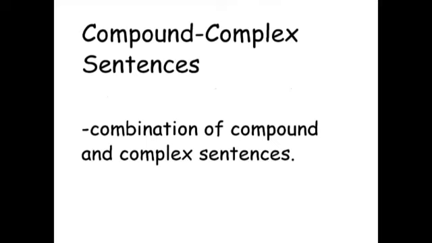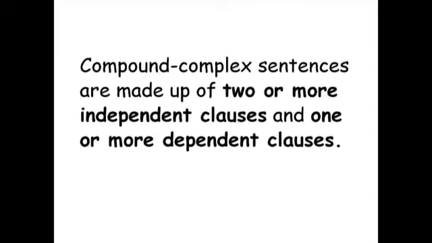Down to our last kind, the compound complex sentence. Now, you may have an idea what this does because of its name. So, it is a combination of compound and complex sentences. How? Compound complex sentences are made up of two or more independent clauses and one or more dependent clauses.